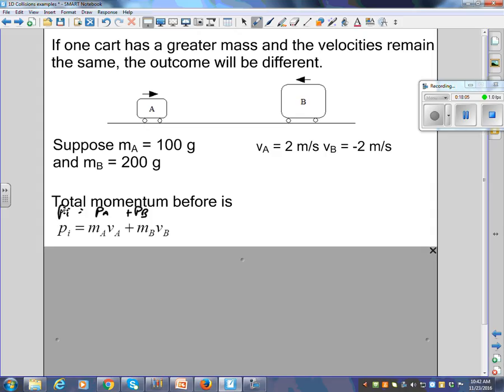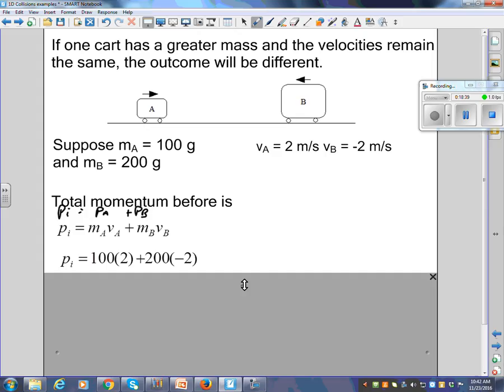So the total momentum before, P_i, is m_A v_A plus m_B v_B. Okay, so let's figure out what this momentum is.